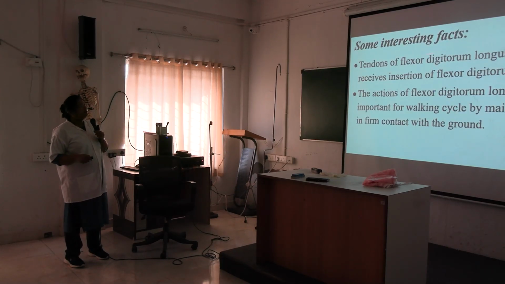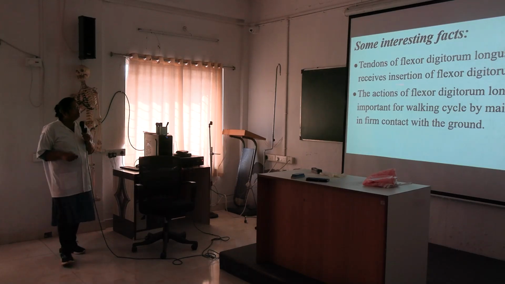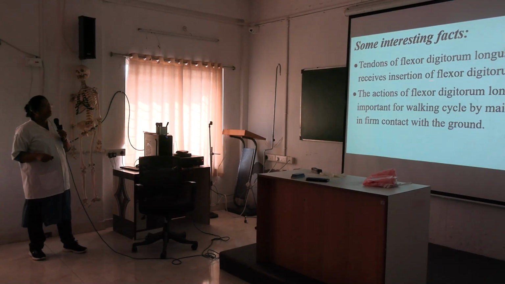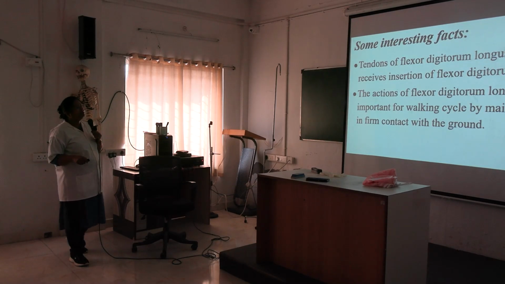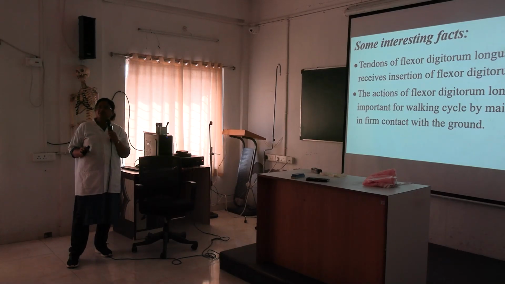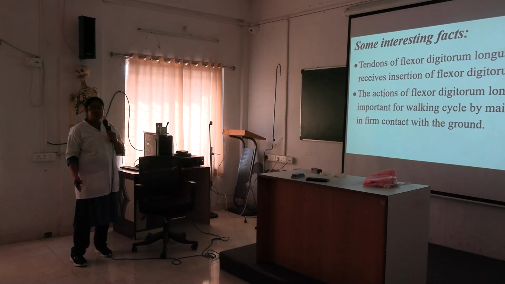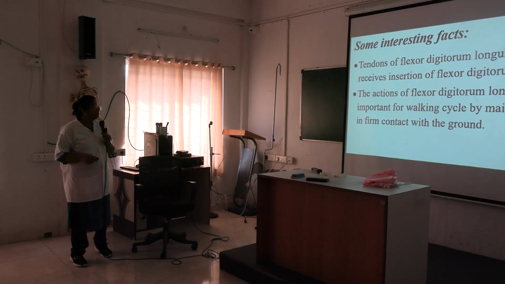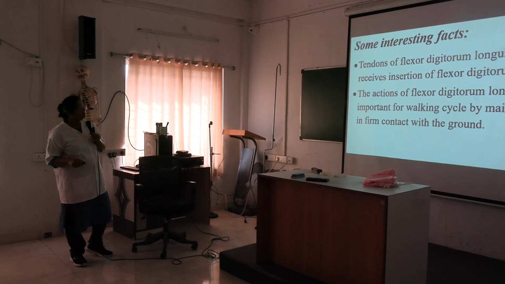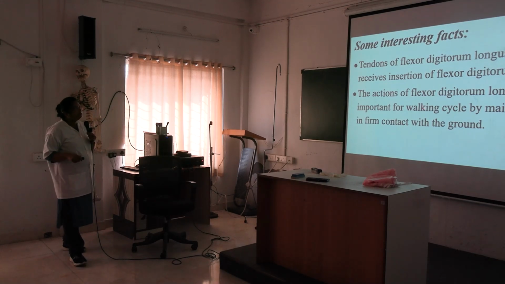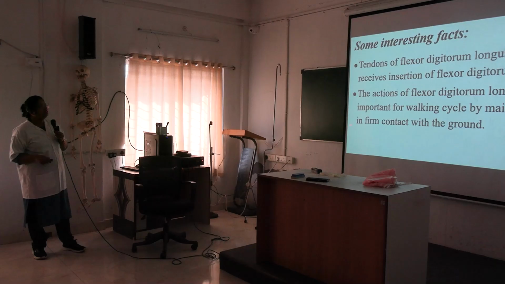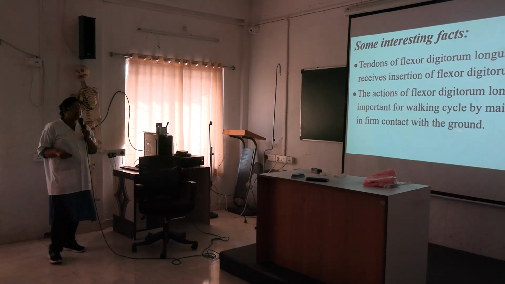The tendons of flexor digitorum longus in the foot receive the insertion of flexor digitorum accessorius. This is intrinsic muscles of the sole. Okay, and the action of flexor digitorum longus is important for walking cycle by maintaining the toes in firm contact with the ground.